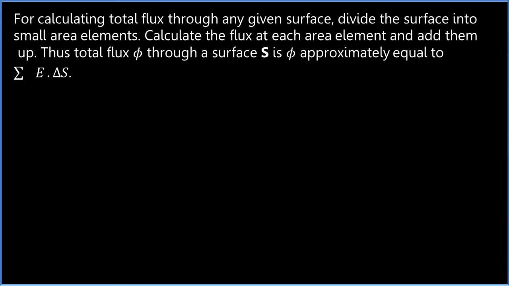For calculating total flux through any given surface, divide the surface into small area elements. Calculate the flux at each area element and add them up.